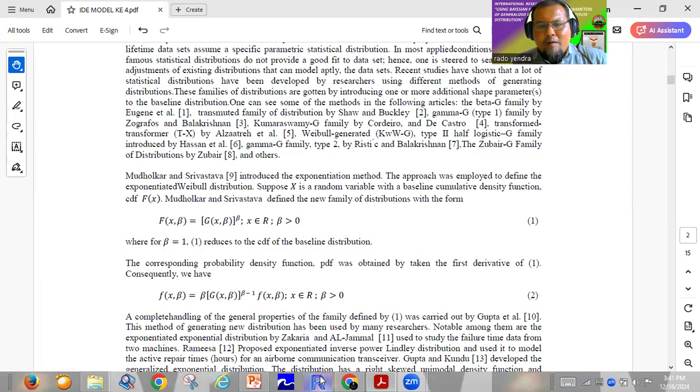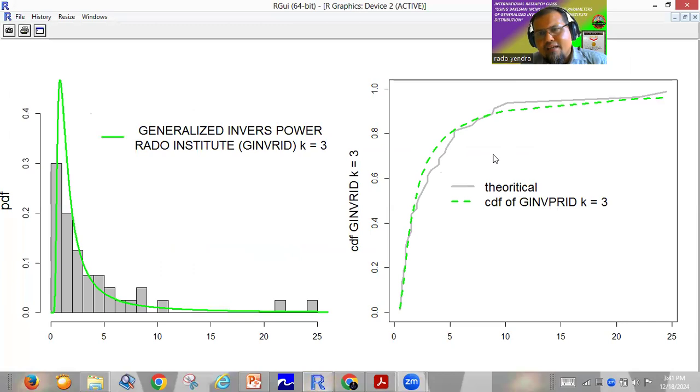So from these graphs, the green one is the cumulative distribution function of the generalized inverse power Rado Institute distribution, and the gray one is the theoretical cumulative we find by using the formula (i minus 0.5) divided by n.